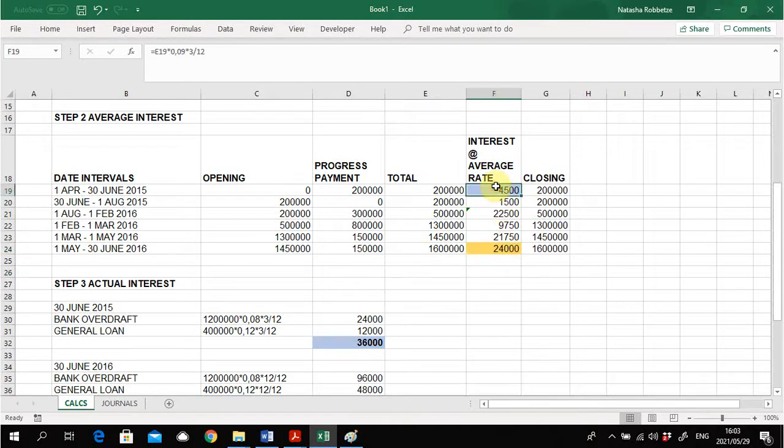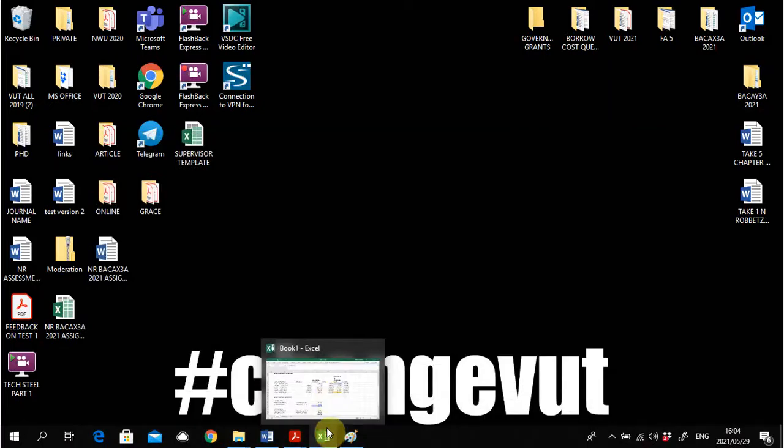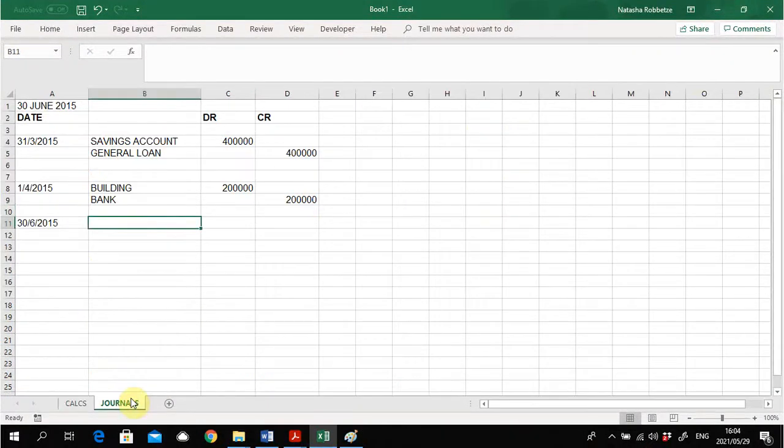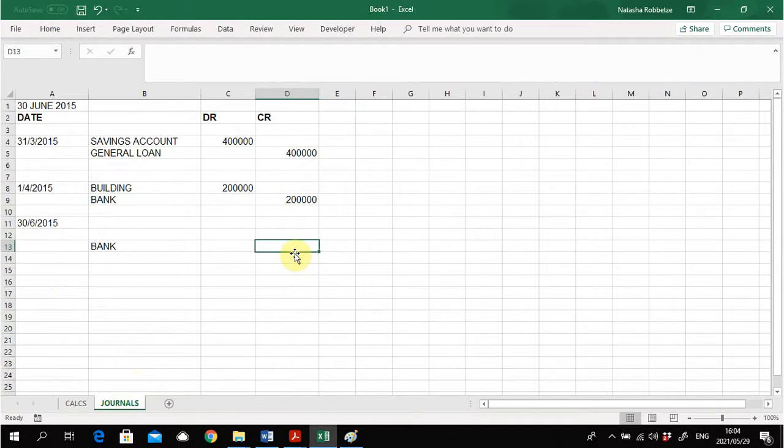So this 4,500 can be capitalized, and the interest entry that I'm going to make is, I'm going to say, out of my bank account, I am paying the total actual interest. And the actual interest is this 36,000. So I'm going to put it as a credit.